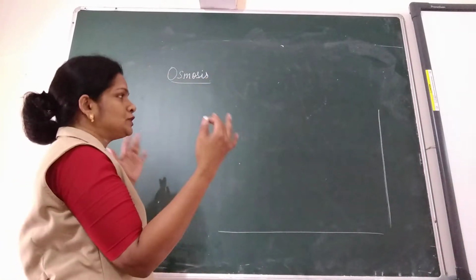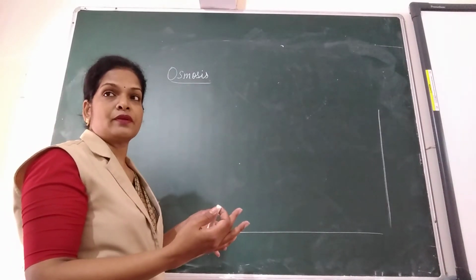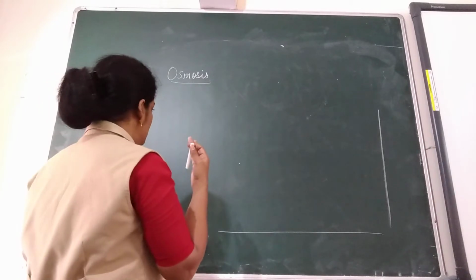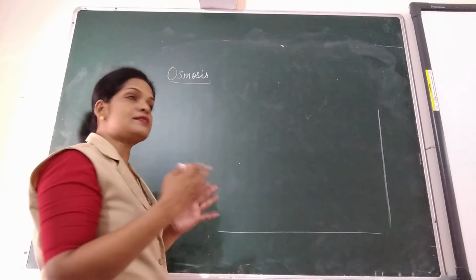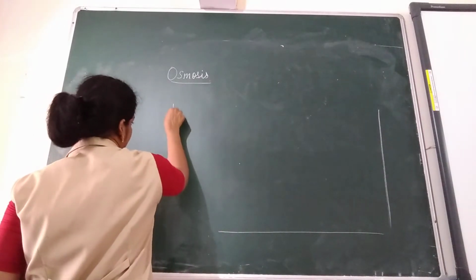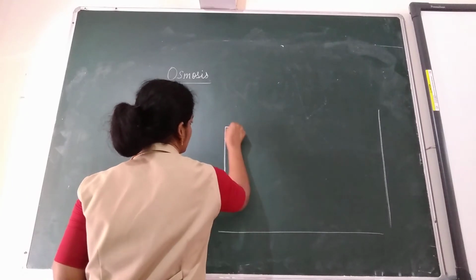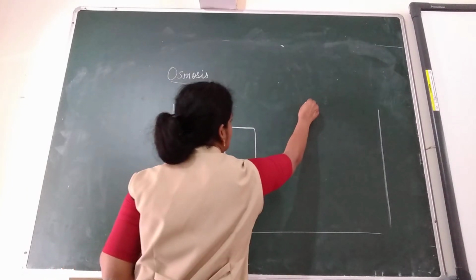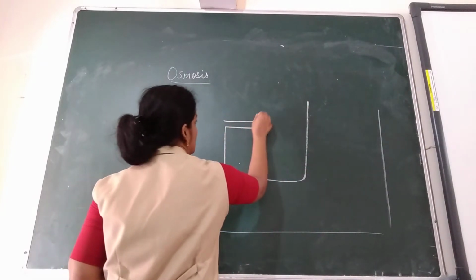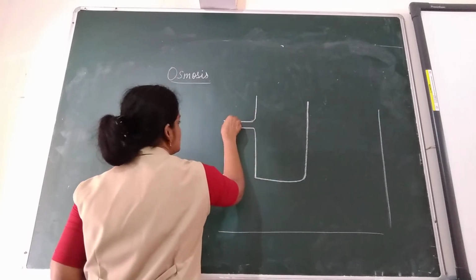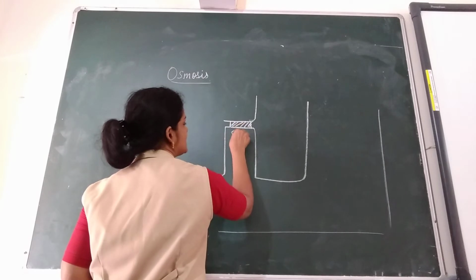You can take two solutions, one of higher concentration and one of lower concentration, or one a solution and one a pure solvent, separated by a semi-permeable membrane. So I am taking two solutions separated by a semi-permeable membrane. This is the semi-permeable membrane, SPM.